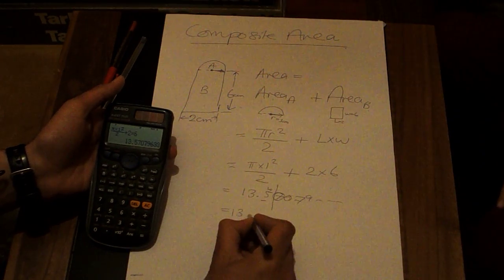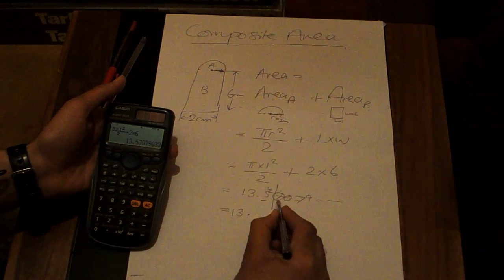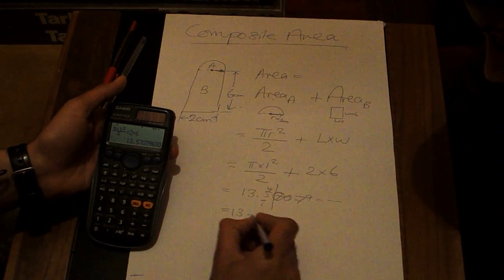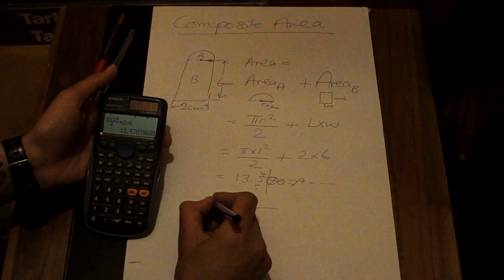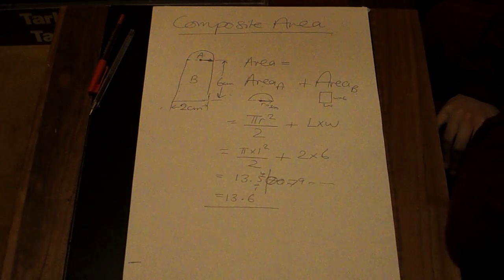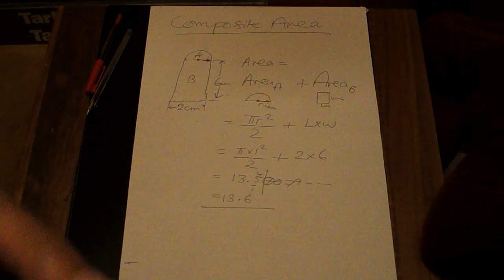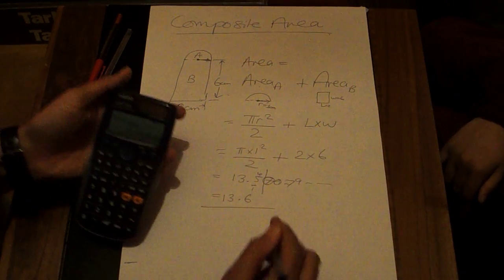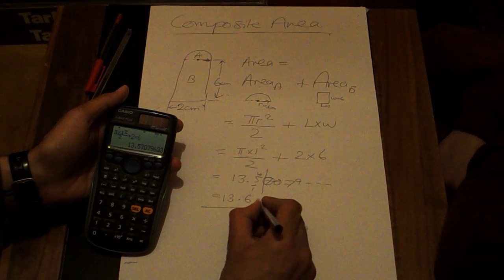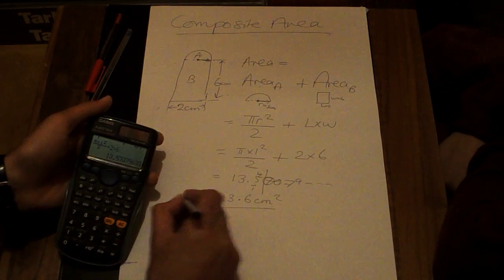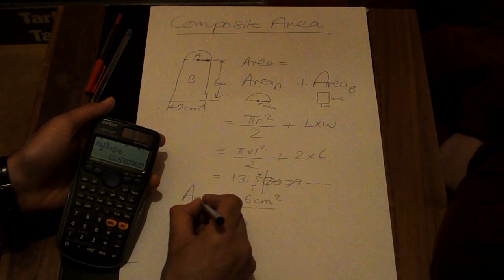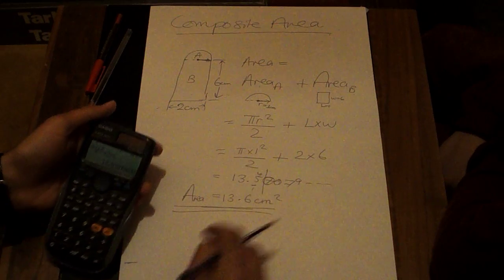So the answer becomes 13. Because this is 5 or more, we add 1. So the final answer will be 13.6 centimeters squared. So that is the area altogether of the whole shape.